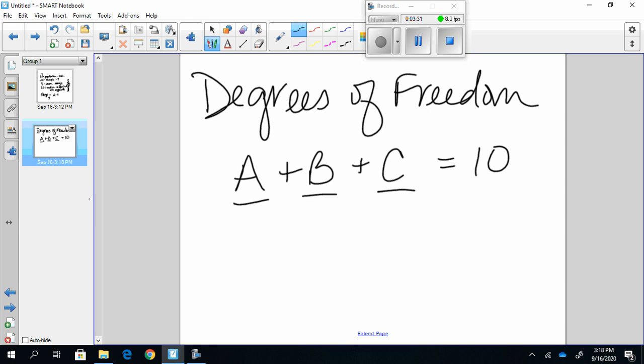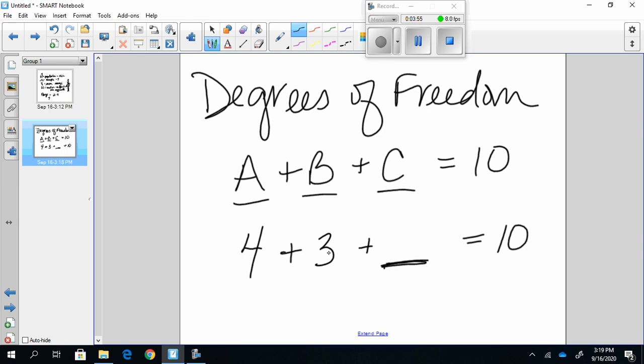So I have the freedom right now to assign A to any number. So I could say that A is 4. And then B, I also have the freedom. I can decide whatever I want. I could say B is 3.